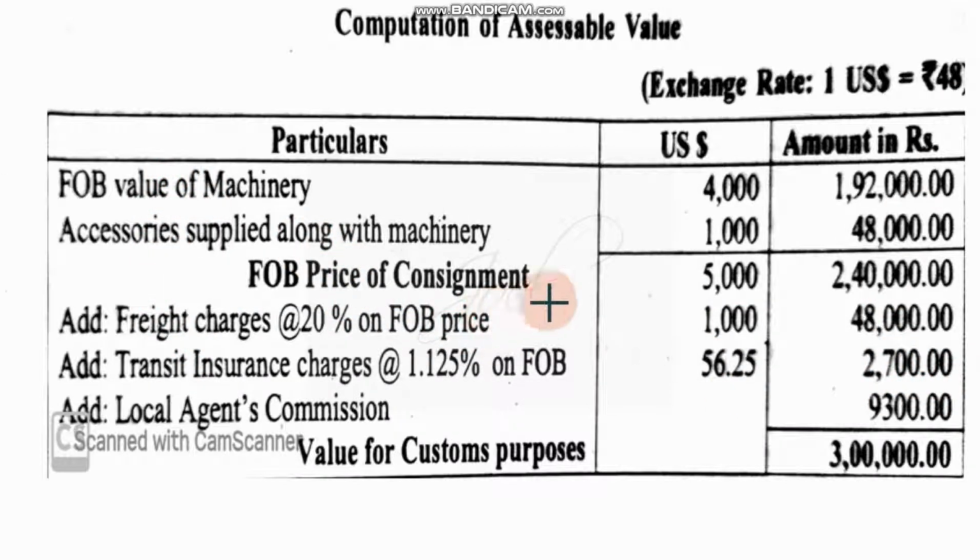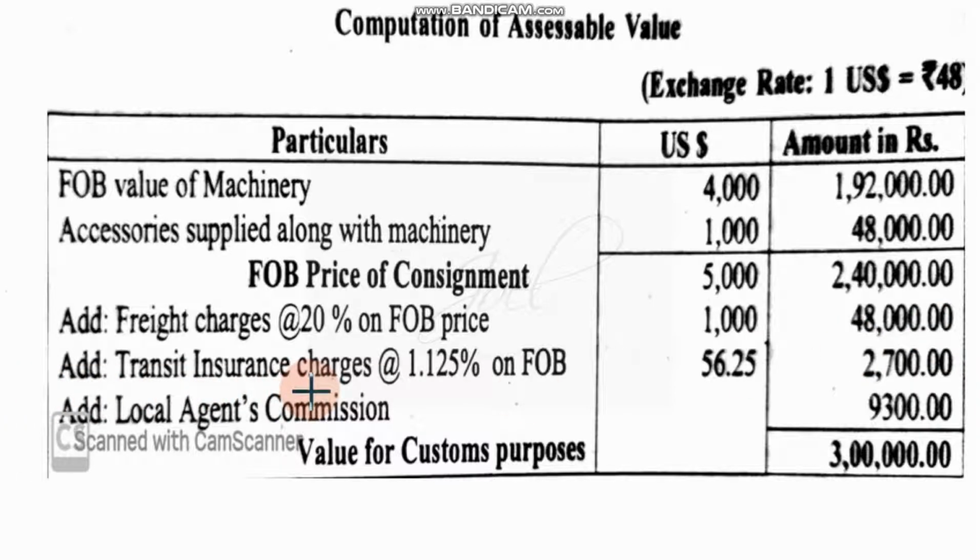So here when we are comparing 1000 and 1200, which is lowest? The 1000 itself is lowest. So directly we are writing 1000 in the dollar column, and we are multiplying it with 48 rupees. So it will come up to 48,000.